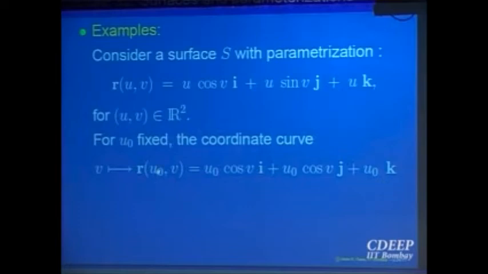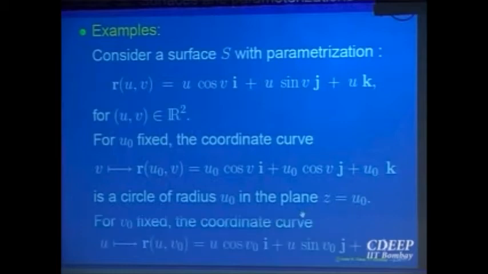Now let us look at the other one. z is equal to u0, so a circle of radius u0. And now let us say v0 is fixed. So u cos v0, u sin v0, and u. What does it look like?